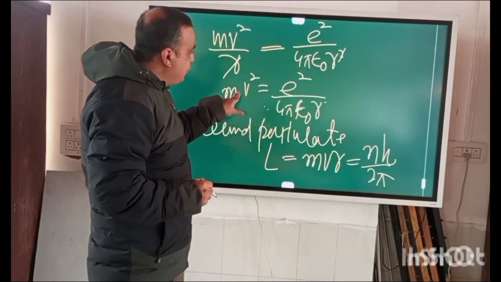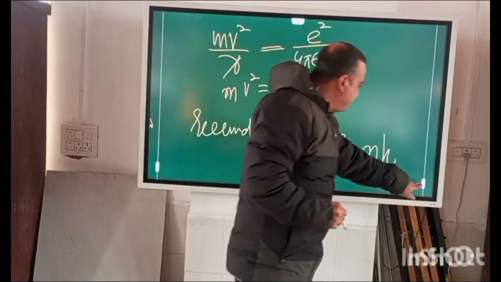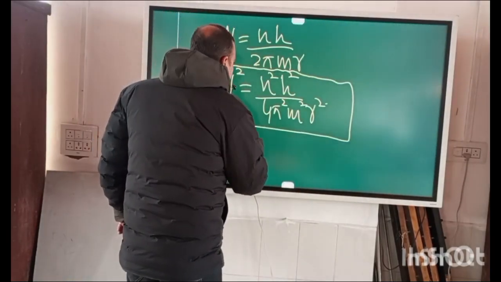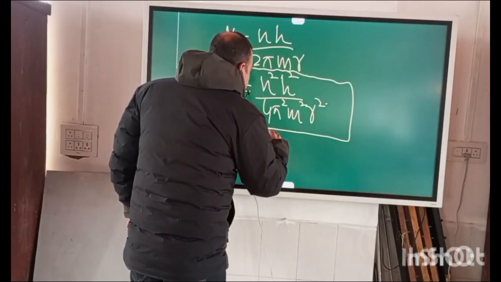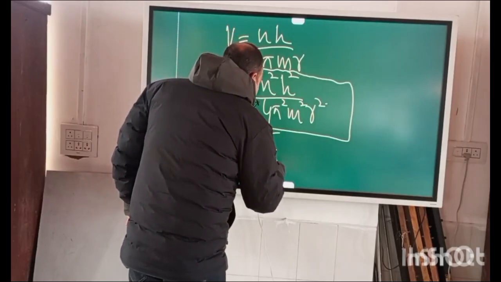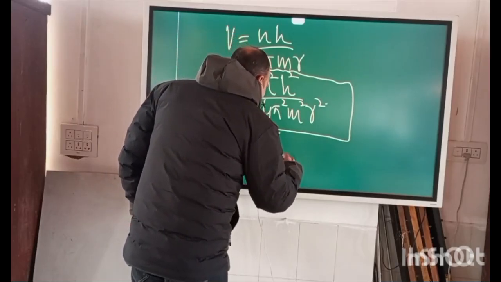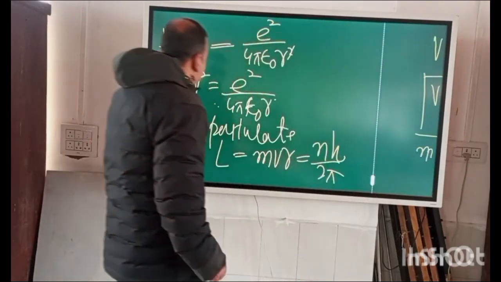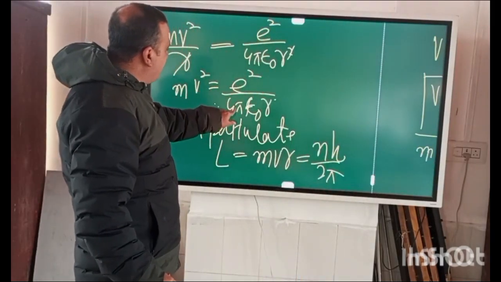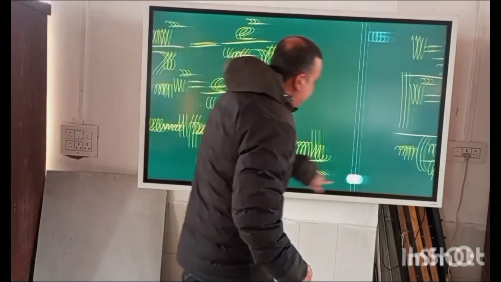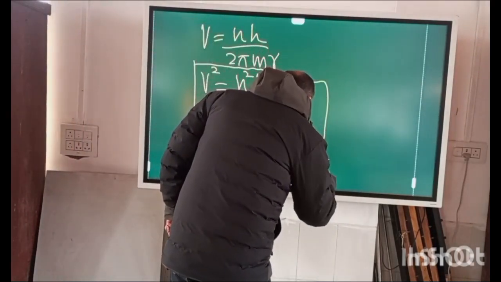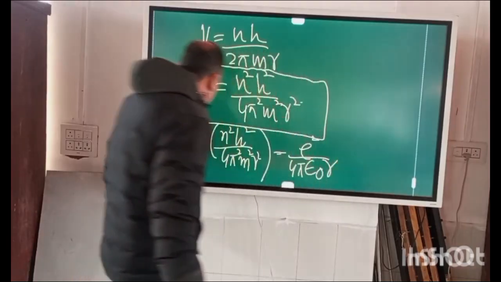Okay, v square I can use here. What will I get? m times n square h square by 4 pi square m square r square. I will close it. This is equal to what? This is equal to e square by 4 pi epsilon naught r.